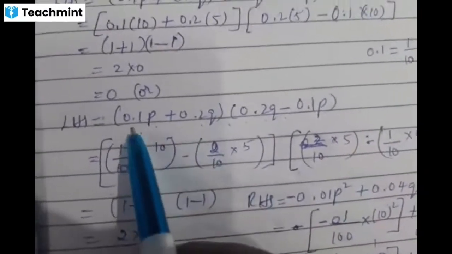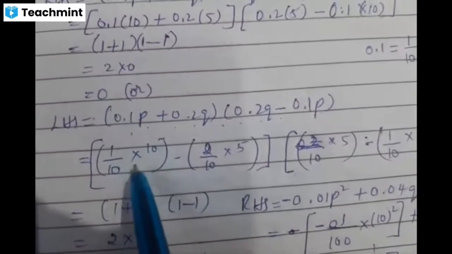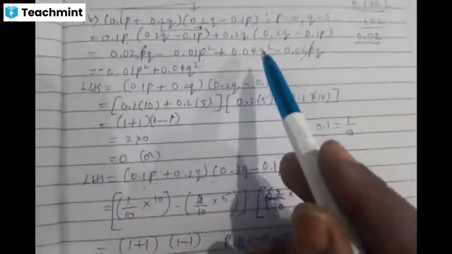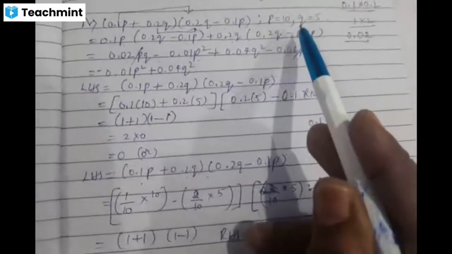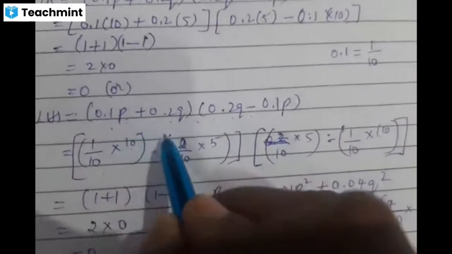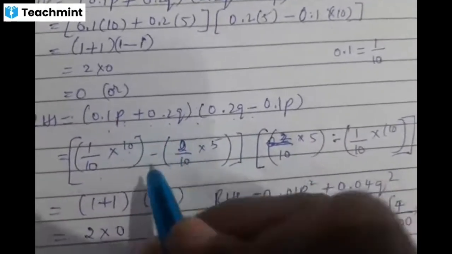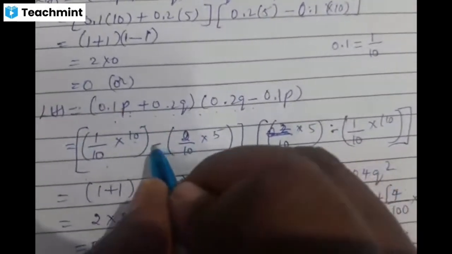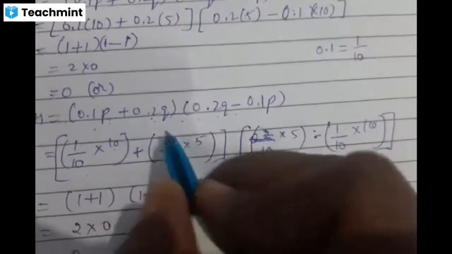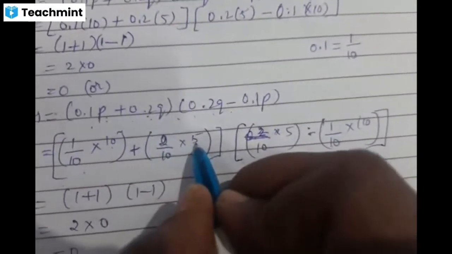So I write 0.1 as 1 by 10 into, what is the value of p? It is given as 10 and q is 5. In place of p we write 10, minus, plus, 0.2 will be written as 2 by 10 into q value is 5.